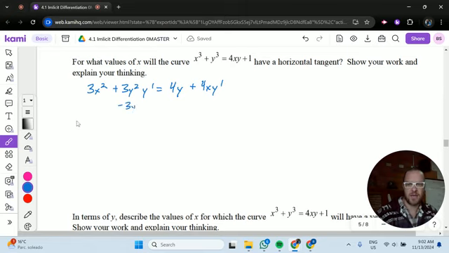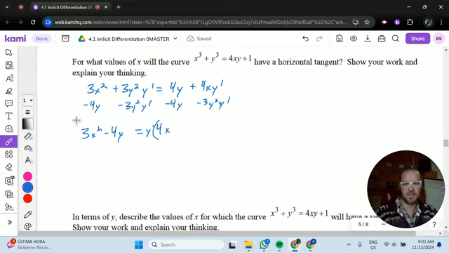Now I need to put my y primes together, and I need to move over everything that doesn't have the prime. So I've got 3x squared minus 4y equals, let's pull out that y prime first, like we did before, 4x minus 3y squared. And of course, our last step is to divide so that we've got it by itself.